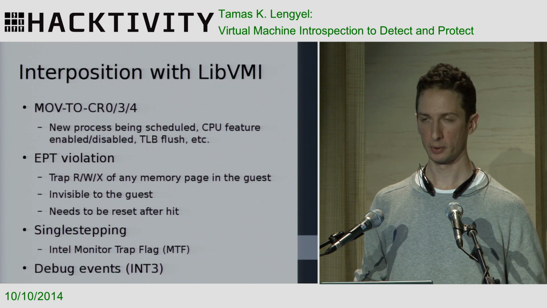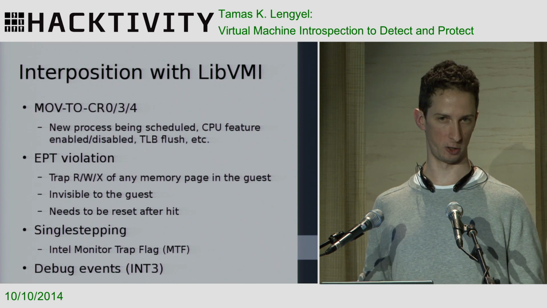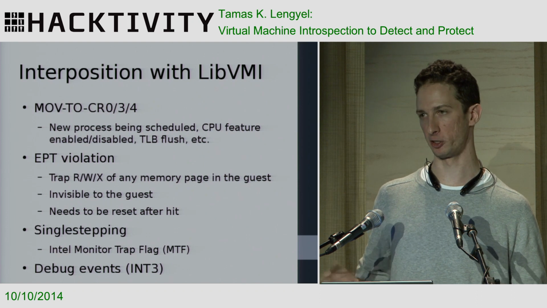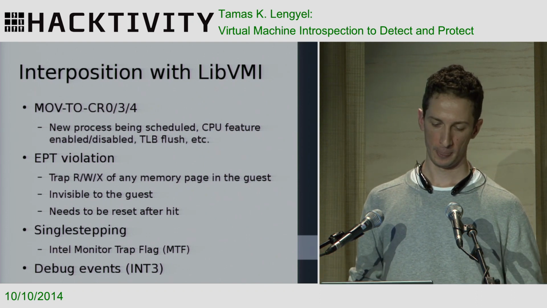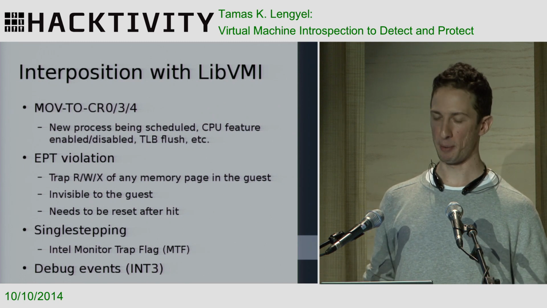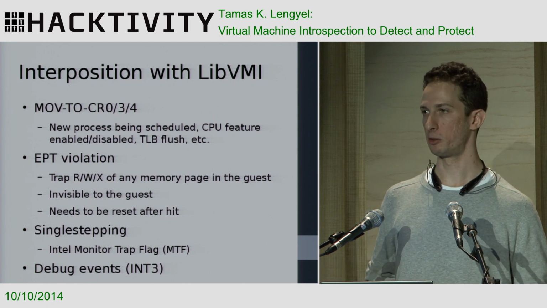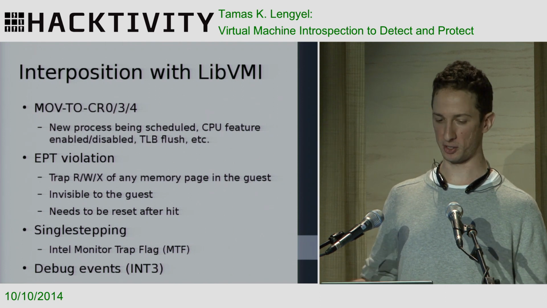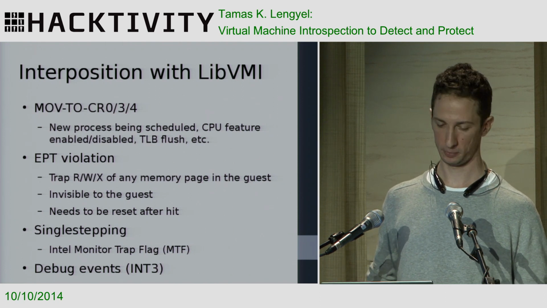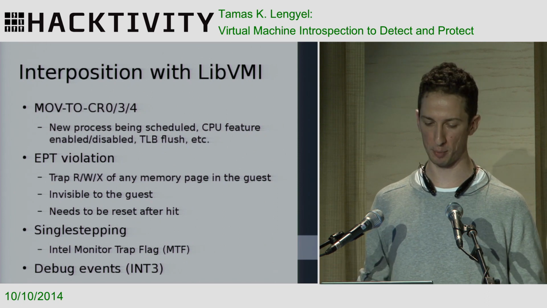For example, when a new process is being scheduled, the CR3 register gets the physical address of the page tables to do the virtual to physical translation. It is trappable to the hypervisor. Great, we can tell when a new process is being scheduled within our operating system, and it's invisible to the operating system. It doesn't know that you trapped and it was paused.